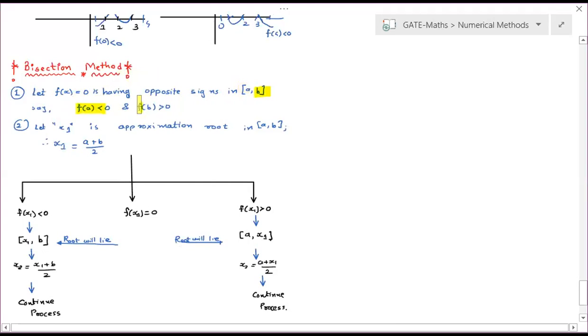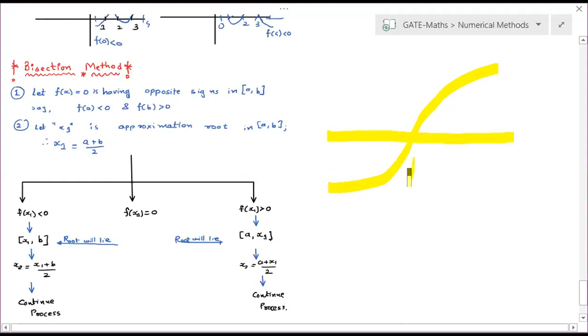Suppose f of a is less than 0 and f of b is greater than 0. First I take one interval from a to b. At a my function is negative, and at b my function is positive. So between a and b, definitely my root will lie.